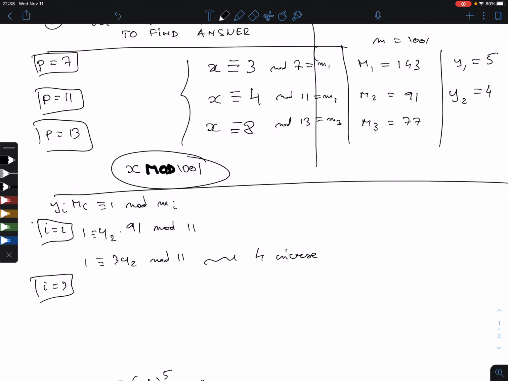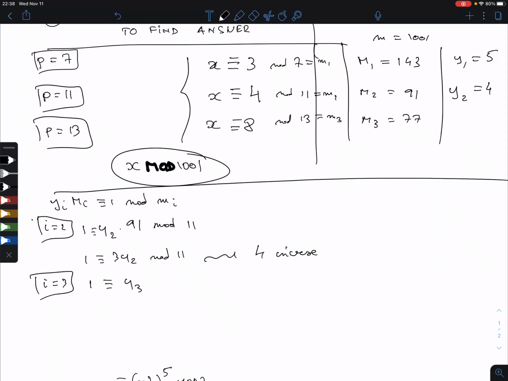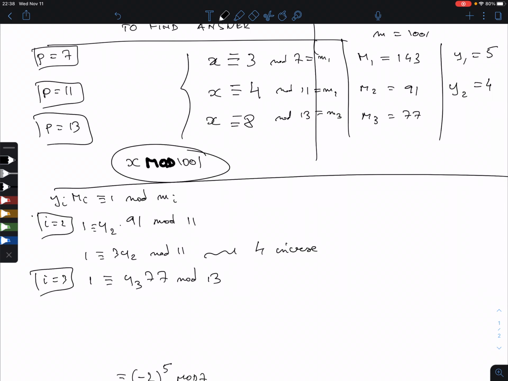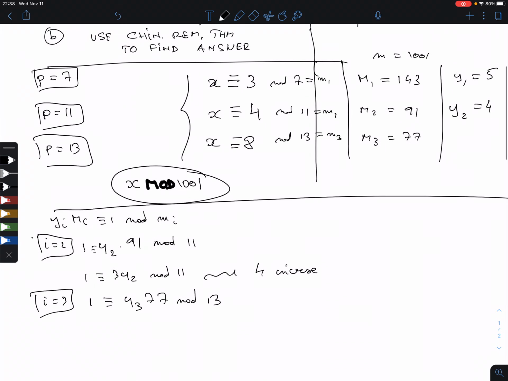Okay, i is 3. So now we have 1 is equivalent to y3 times M3, which is 77, and this has to be done mod 13. Mod 13, okay, since it's so late, I'm not going to rack my brain with that. I'm just going to calculate it. If I can get my calculator to come up.